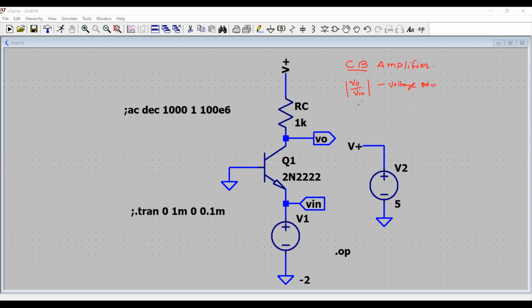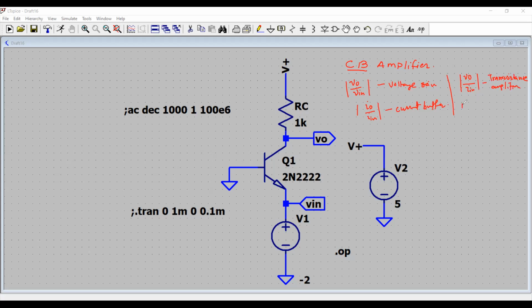We've also seen how this circuit can work as a current buffer, or provides us a current gain of unity, and therefore we call it a current buffer or current amplifier. Then we also understood that it is possible to obtain the gain of output voltage divided by input voltage, which we call a transresistance amplifier.